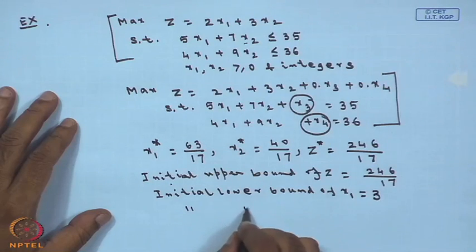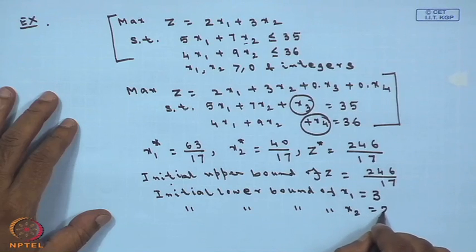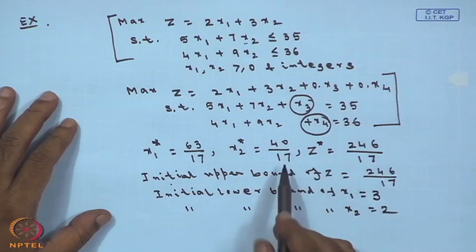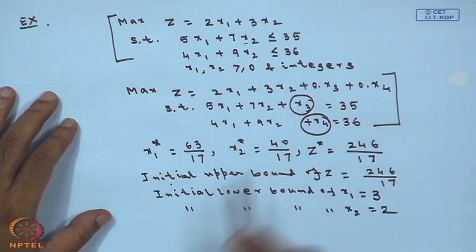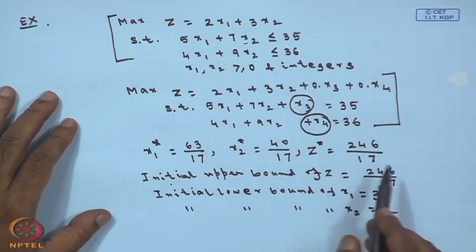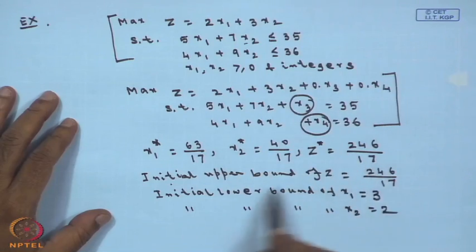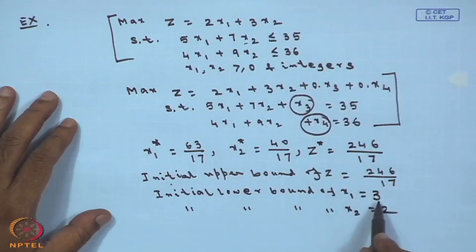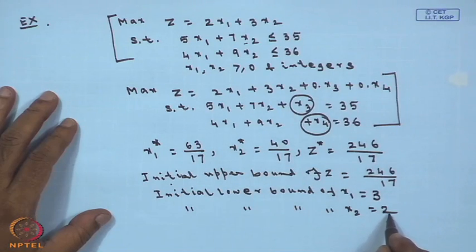And another one is the initial lower bound of x2, that equals 2, because here you are having x2 star equals 2 plus some fractional value. So, you got the initial upper bound of Z by imposing no integer restriction. The lower bound of Z you are obtaining like this, x1 equals 3 and the initial lower bound of x2 is from here, 40/17. So, the lower bound is this.